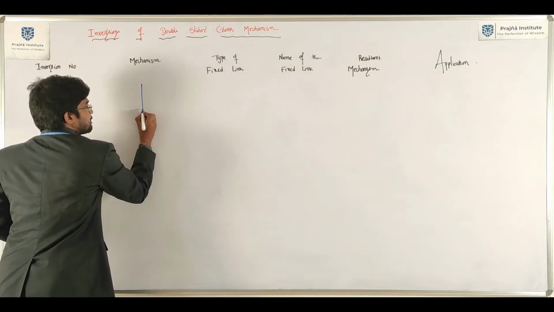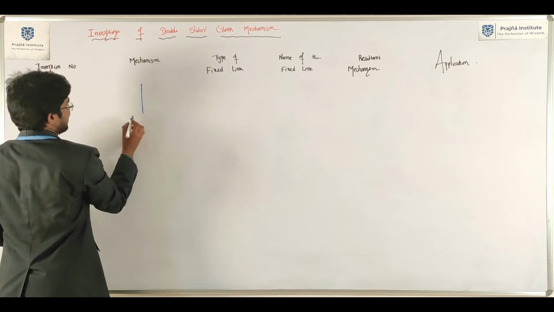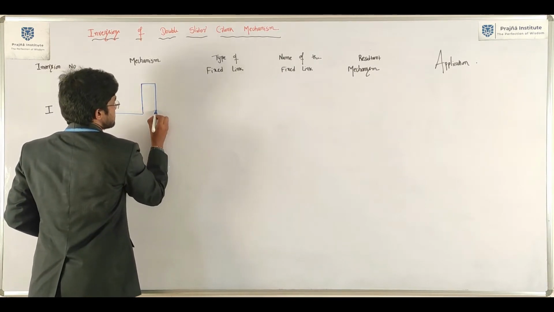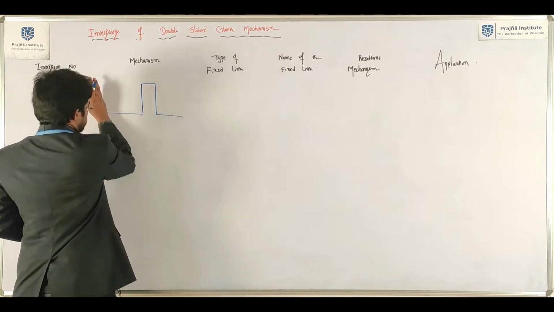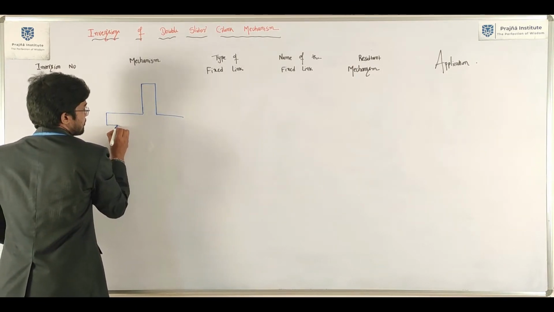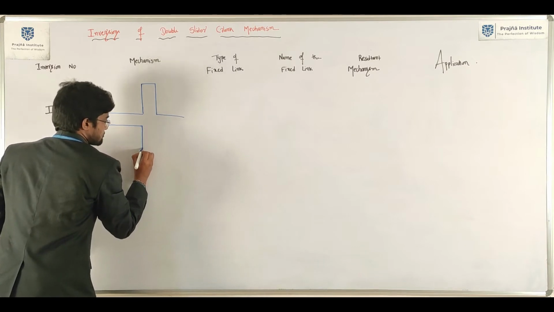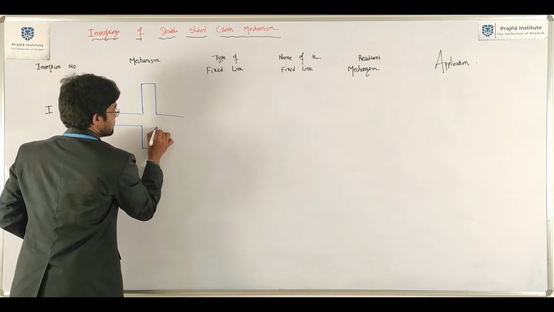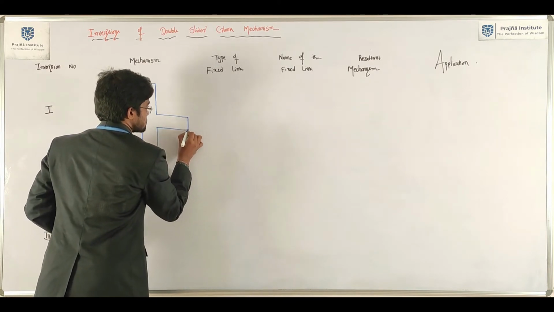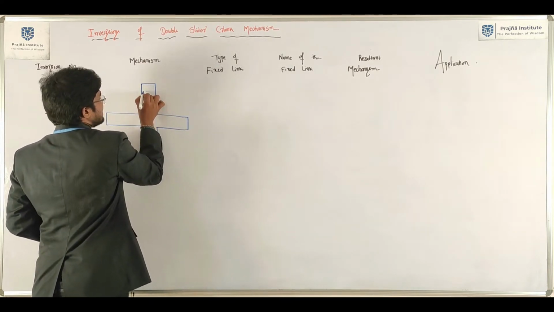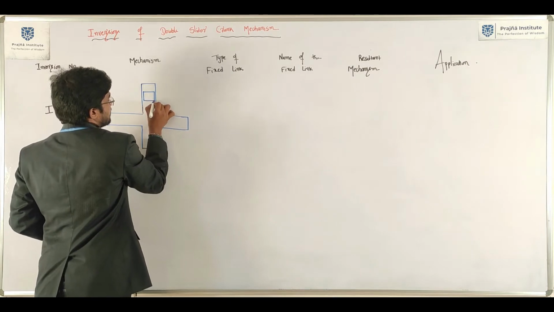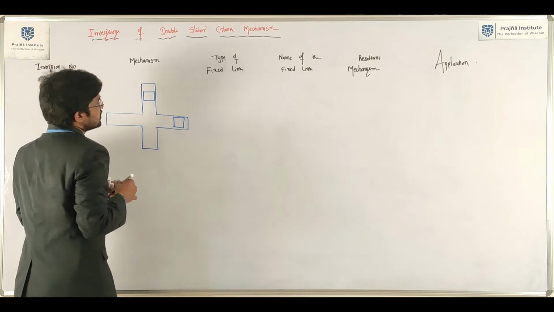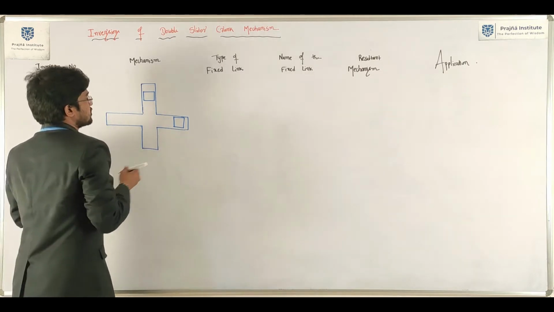Draw the double slider crank mechanism: two sliders, slider 1 and slider 2. These two are connected by the coupler link.